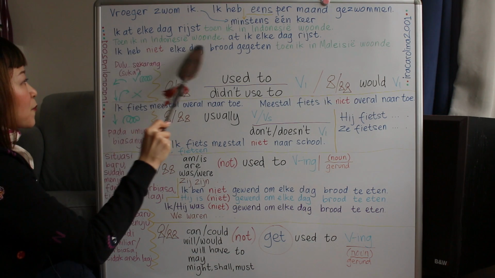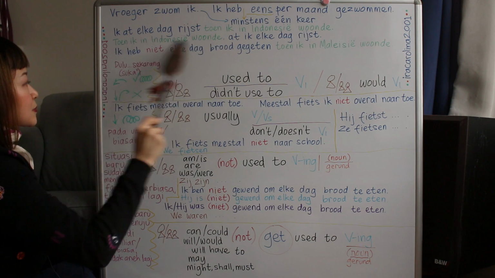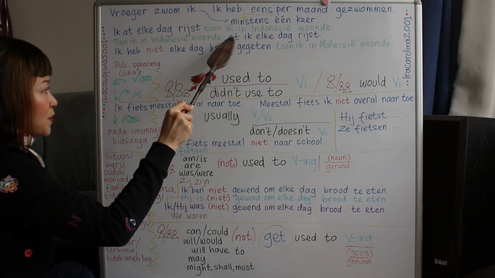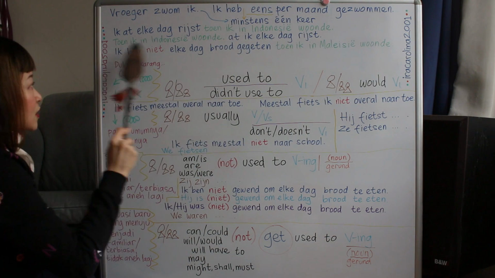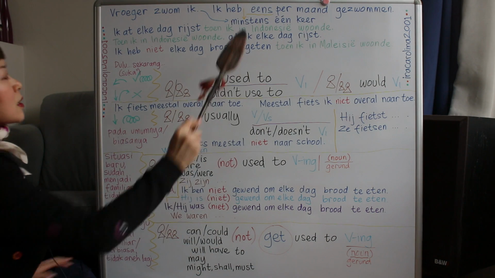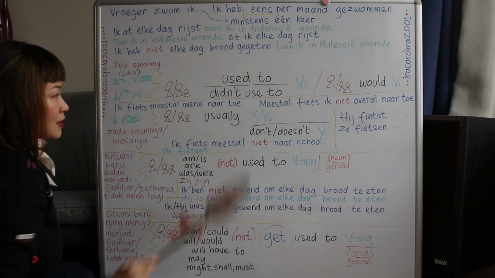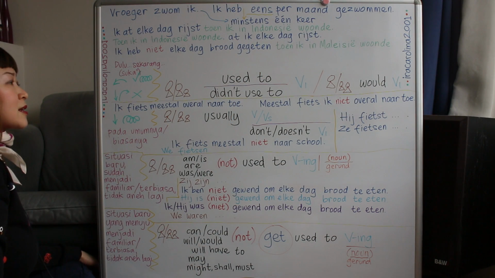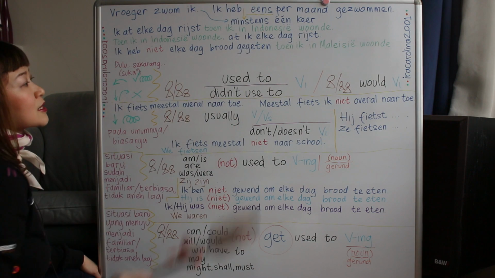But if you put the time first, you switch. This is the verb and this the subject. You switch this. Ik at elke dag rijst, every day, I ate rice.